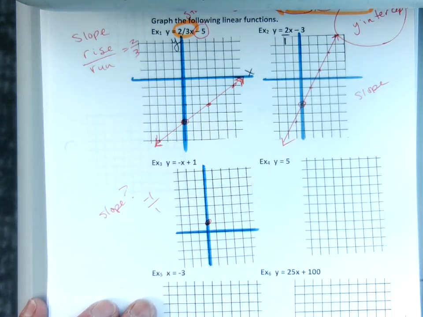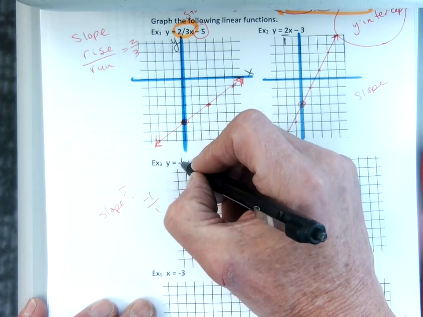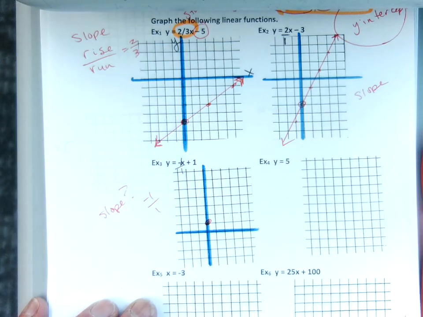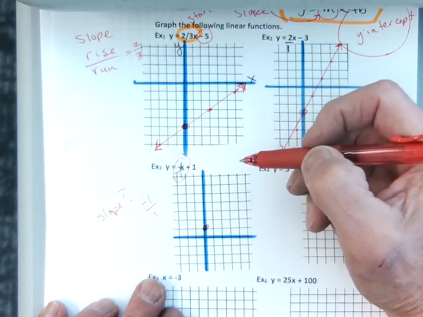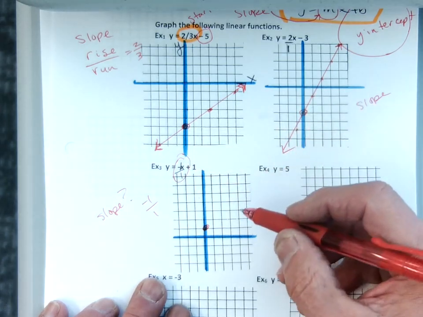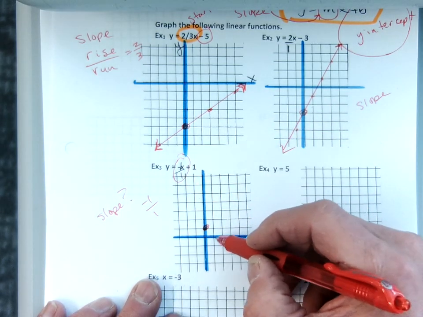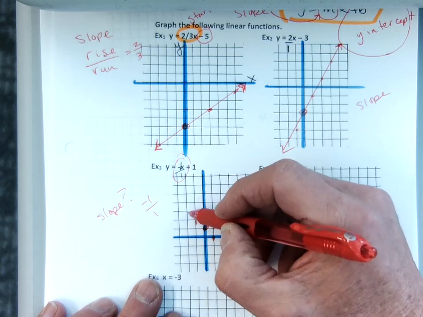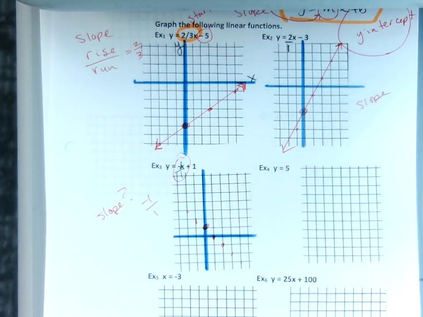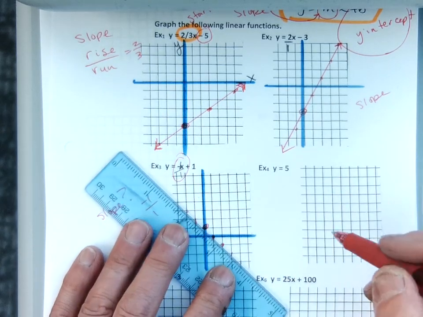Now there's an invisible number, right? Don't normally write it, but there's an invisible 1 here, 1/1. So my slope has to be a fraction. It's the fraction in front of the x, so -1/1. I'm going to go down 1/1, down 1/1, right? I connect the dots.